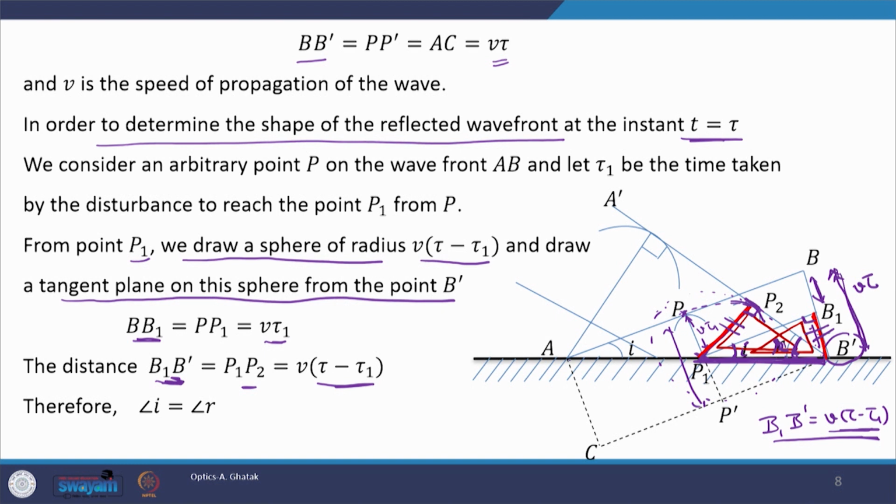We started with a wavefront AB, and then we assumed that one point at the wavefront takes a certain time in reaching the mirror, and a random point takes a certain other time in reaching some other point at the mirror, and then we drew some geometry and we found that the angle of incidence is equal to the angle of reflection, and this is how Huygens principle explained the reflection.